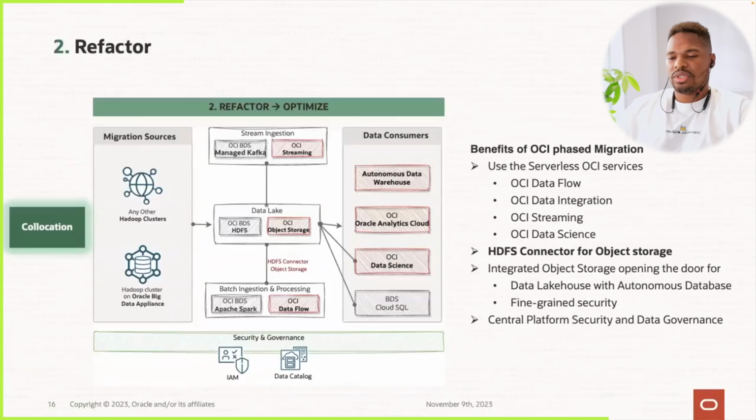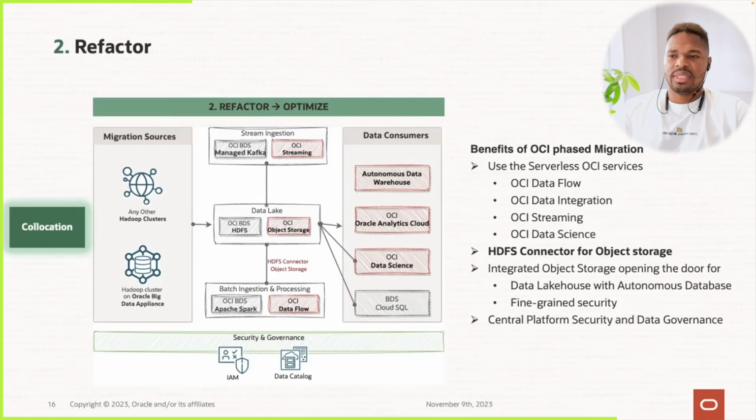So now we will move on to the second approach when it comes to migrating, or how to modernize your data lake. Here, as you can see, it builds up on the first approach. After you migrate to OCI Big Data Service, you can start co-locating with cloud native services.